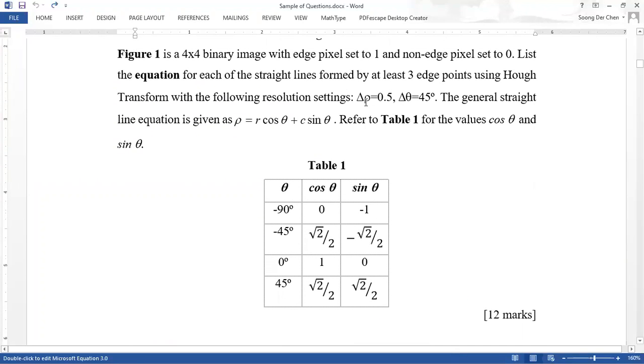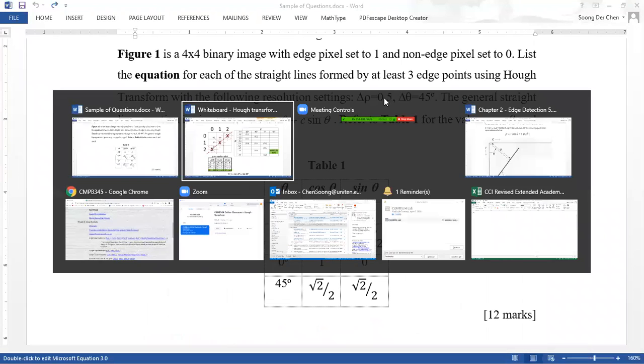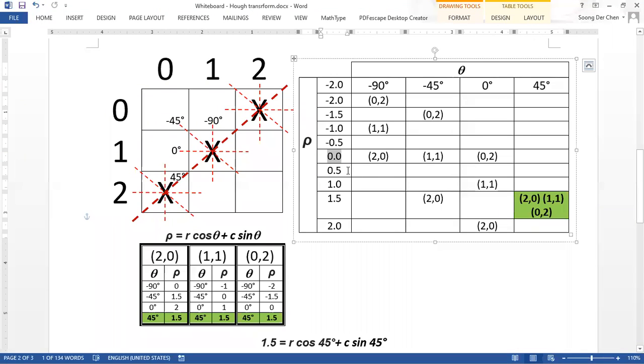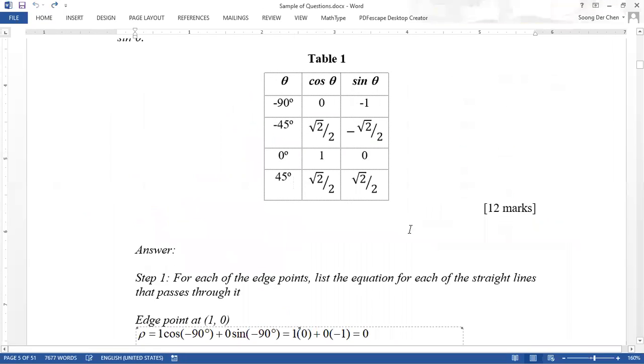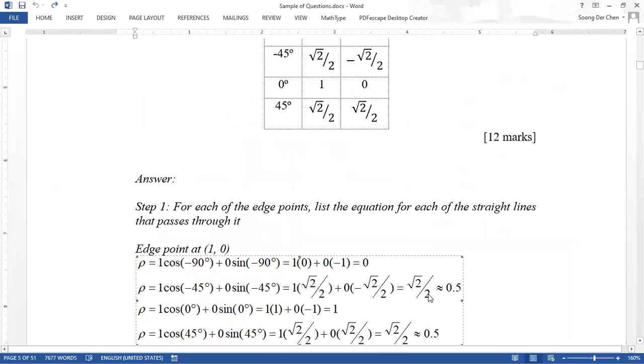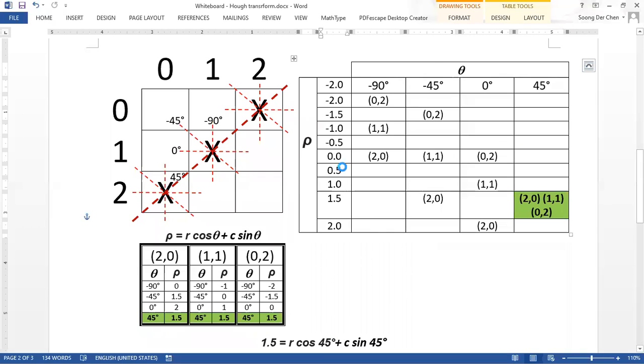See, our step size is 0.5, right? So if you look at the 0.5, the next scale is 0.0 and then followed by 0.5 and then 1.0. Okay, if you calculate square root 2 divided by 2, you get 0.7. So 0.7 round to 0.5 or 0 or 1?